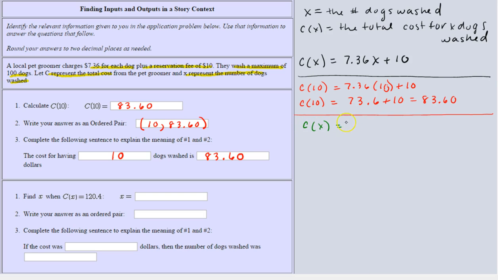C of X equals 7.36x plus 10, and we're given that C of X equals 120.40. So we're going to replace C of X with 120.4, the total cost.